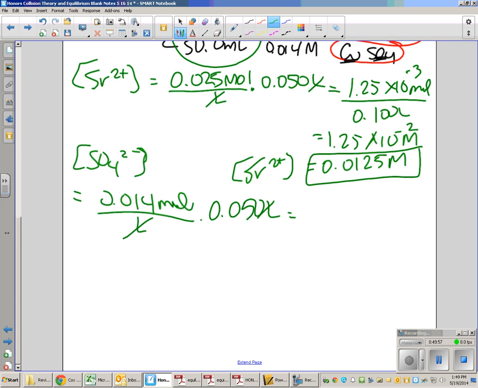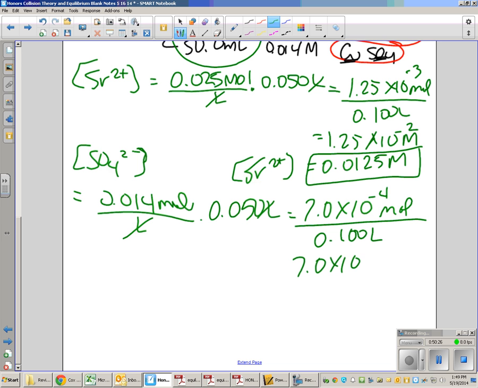That gives me 7.0 times 10 to the negative fourth moles. And then what did I have to do previously? Divide by my total volume, 0.1, because it's still 100 milliliters. So that divided by that is 7.0 times 10 to the negative 3 molar.